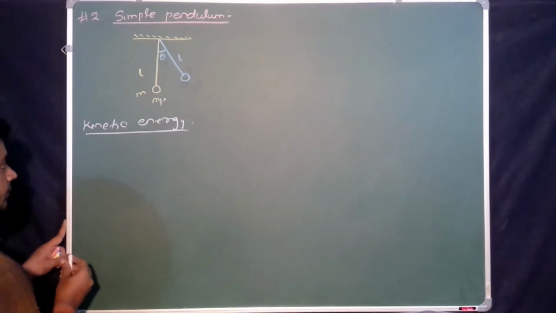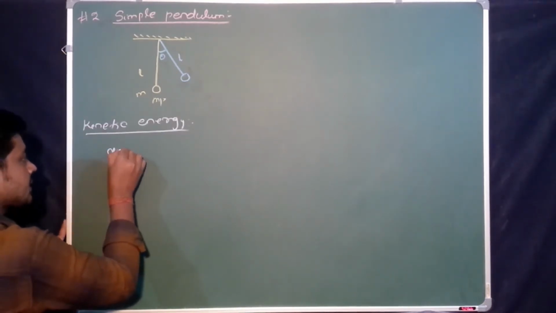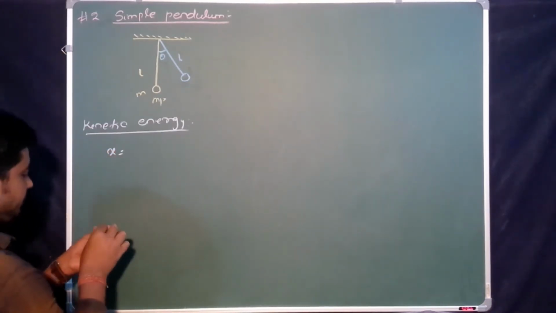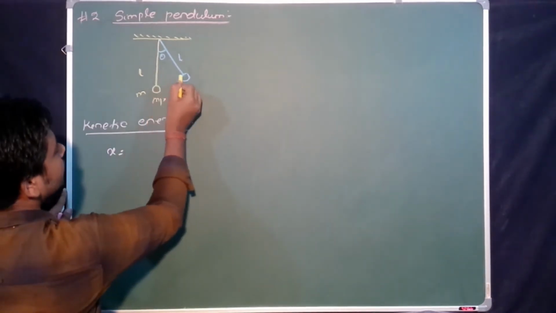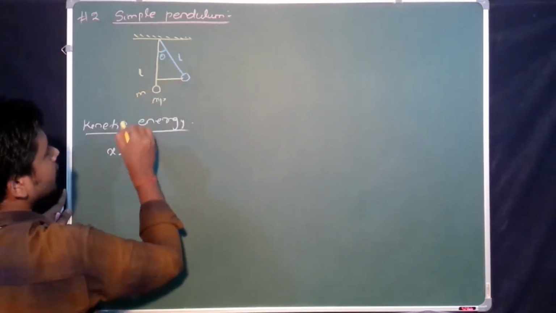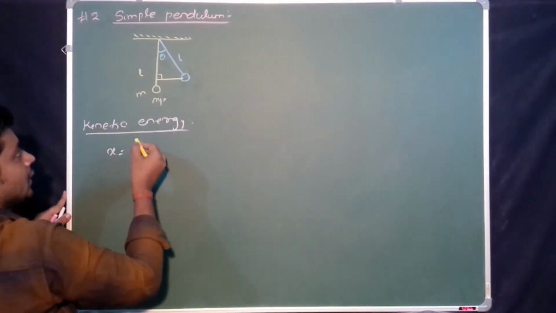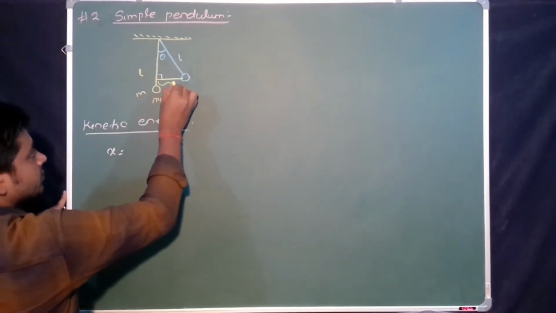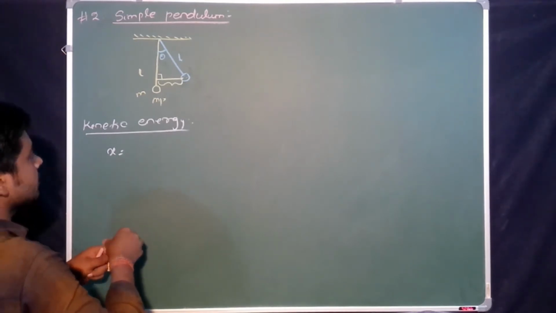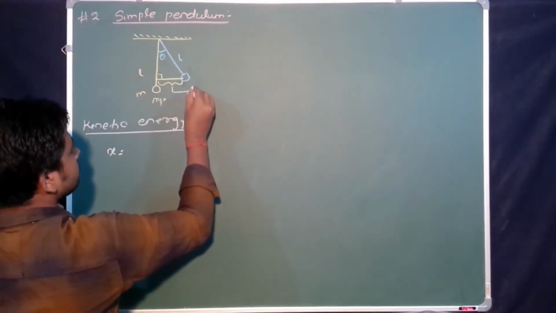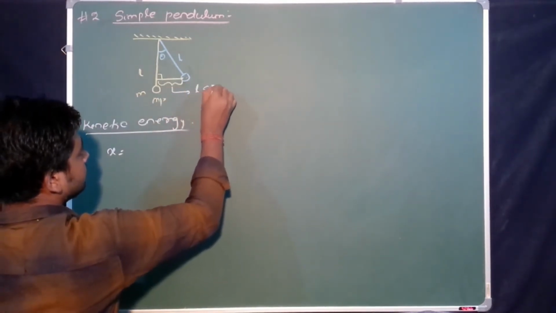Here you can write the x-axis as, just see here, draw a perpendicular from this bob to the mean position. This one is theta and this one is 90 degrees. So this becomes L sin theta.